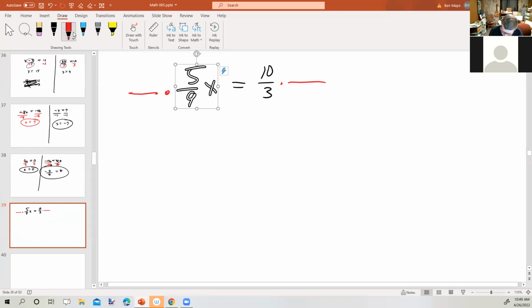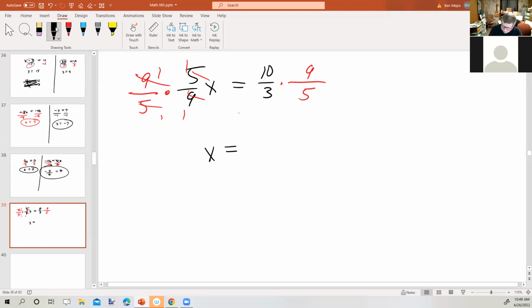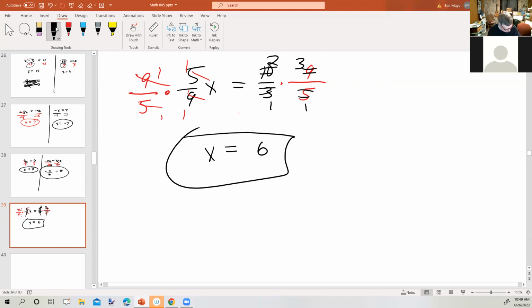The coefficient is 5/9. The reciprocal of 5/9 is 9/5. So on the left side of the equation, 9/5 times 5/9 reduces down to 1. 1 times x is x. On the right side of the equation, 9/3 reduces to 3/1, 10/5 reduces to 2/1. 2 times 3 is 6/1, which is still 6. Any questions about that?